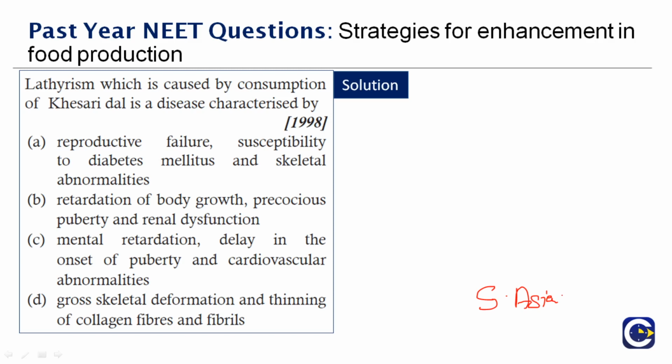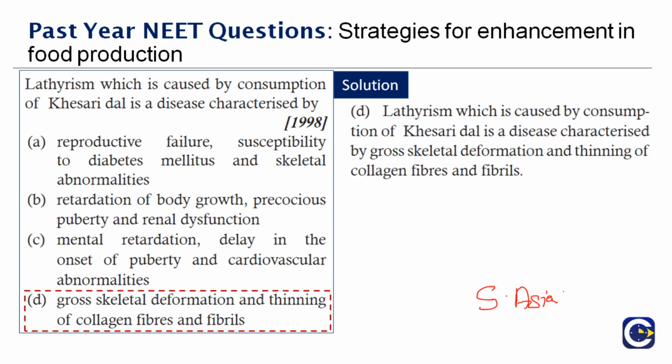So lathyrism, which is caused by the consumption of kesari dal, is a disease that is characterized by option D, gross skeletal deformation and thinning of the collagen fibers and fibrils. So this is what they've done with kesari dal, but in South Asia, this disease is caused by consumption of grass pea. Next question here.